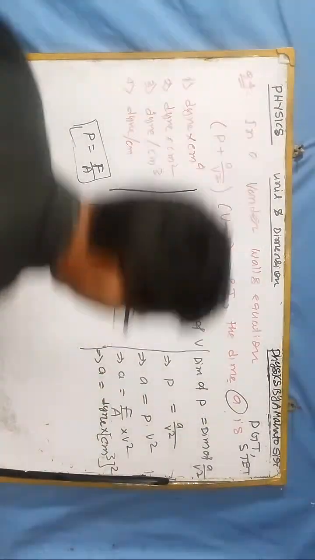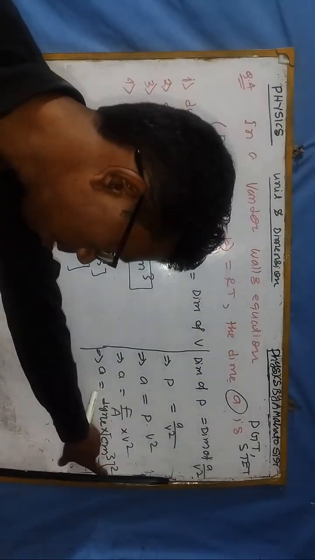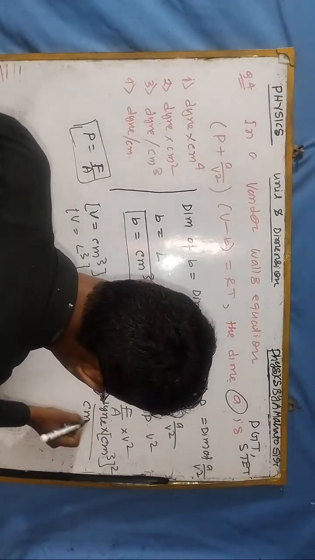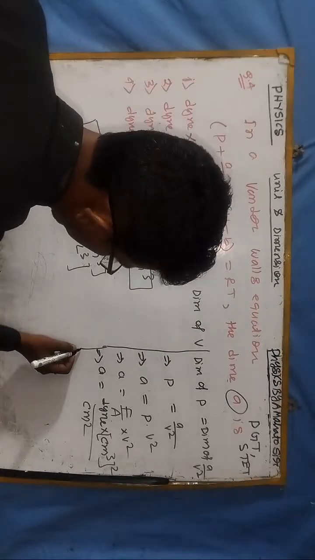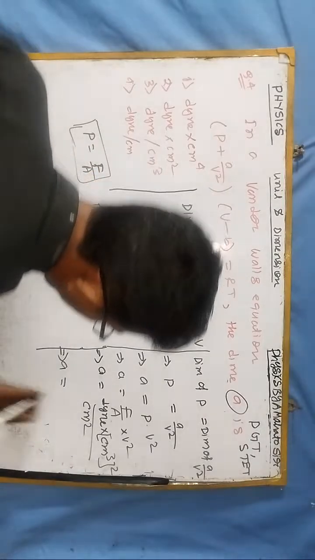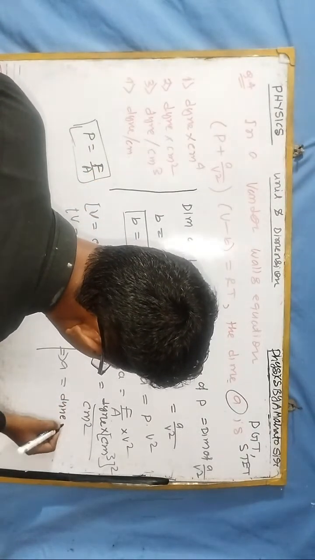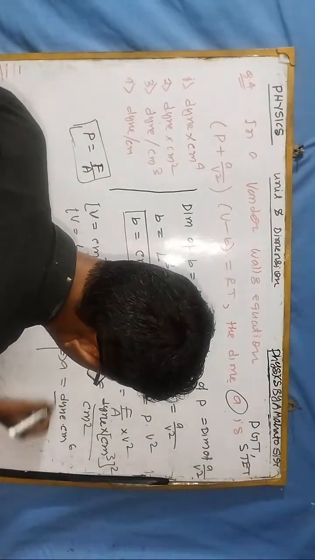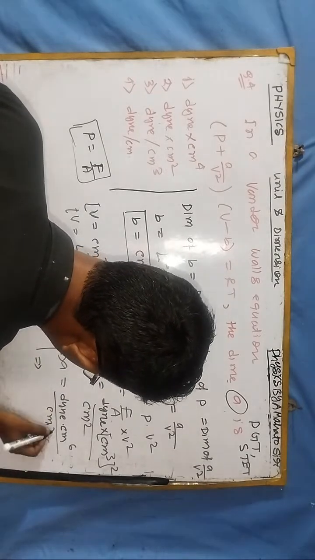So the unit of V squared is centimeter cube per square. The area dimension is centimeter square. So a equals 9 per centimeter square, and that cancels.